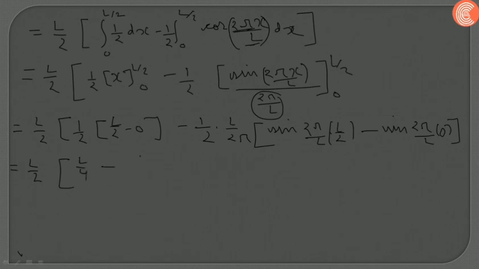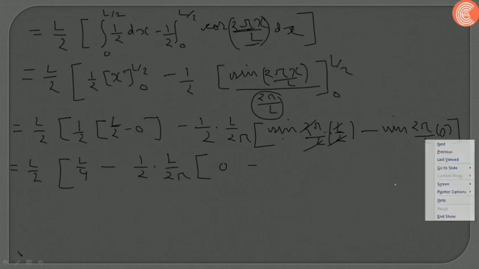Then we have to solve this also, L by 2 pi. This L gets cancelled and this 2 gets cancelled. And we know this sine pi value is basically 0.